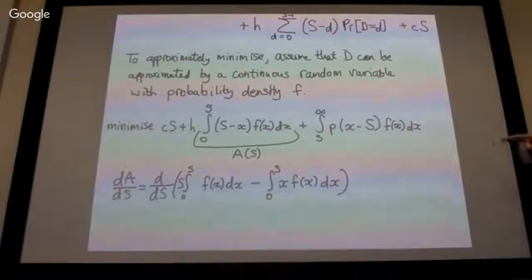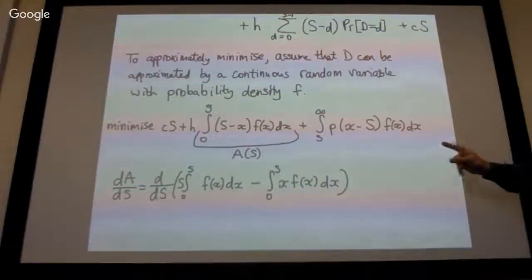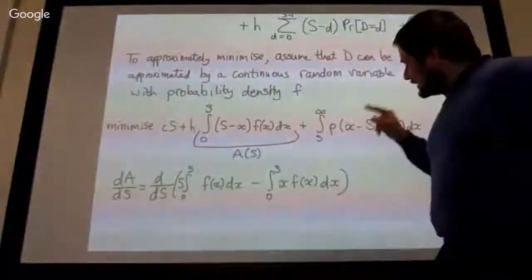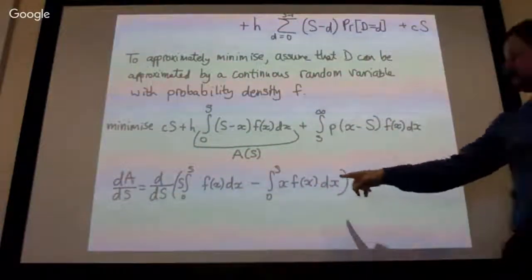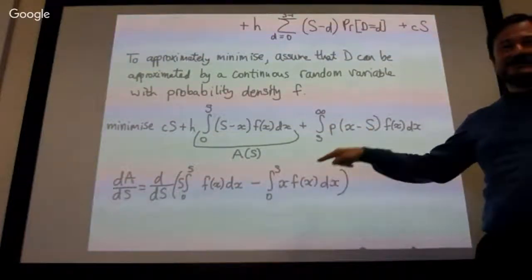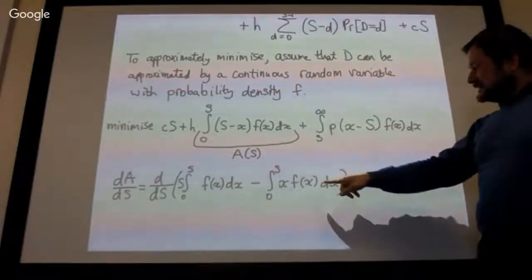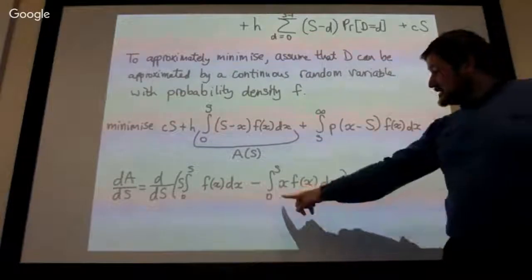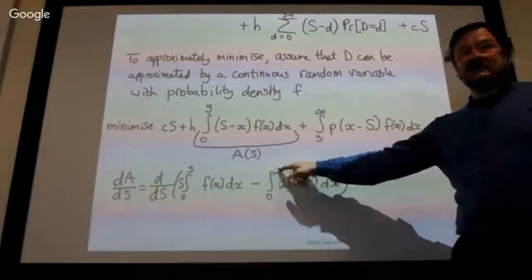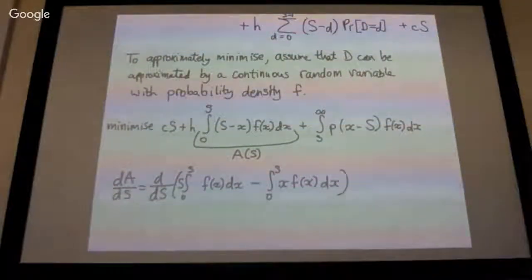You just get rid of the integral. If you're differentiating by S an expression where this S is only the bound of the integral, this is going to be the function inside, in S.